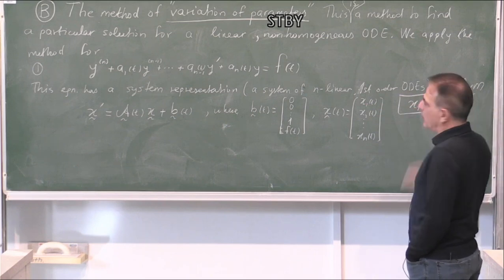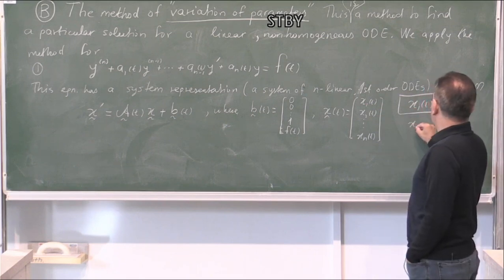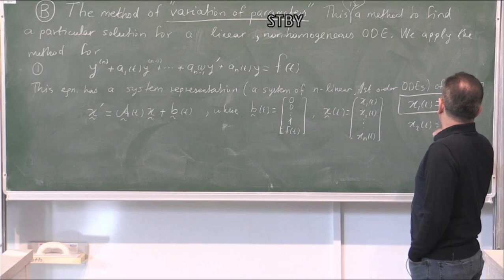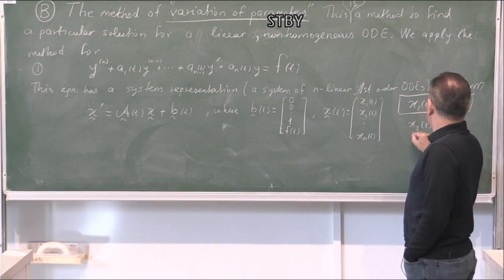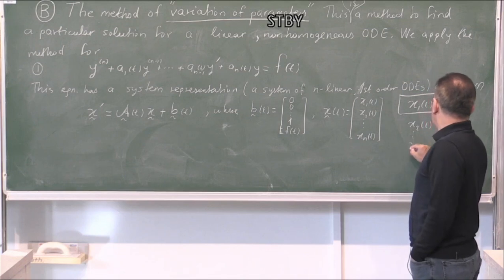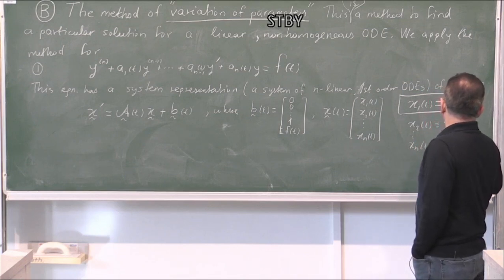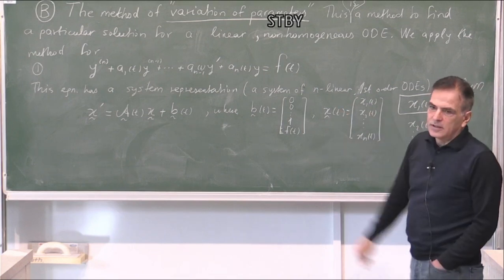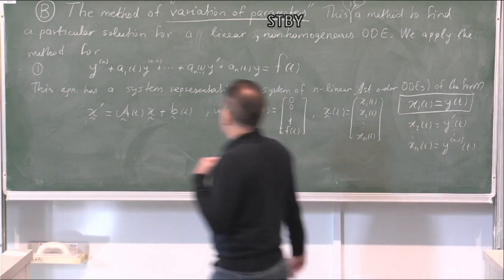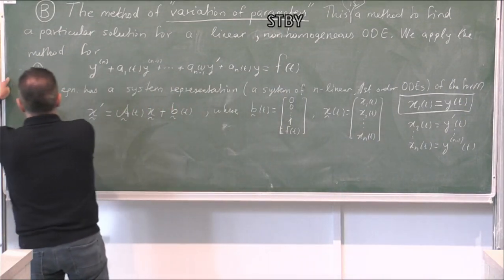Good, this is very well known. And also we know that x2 of t is y prime of t. Good, and so on. xn of t is y to the (n minus 1) of t. Good. So this is the link between 1 and 2.